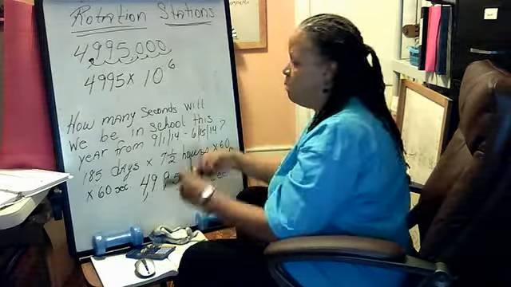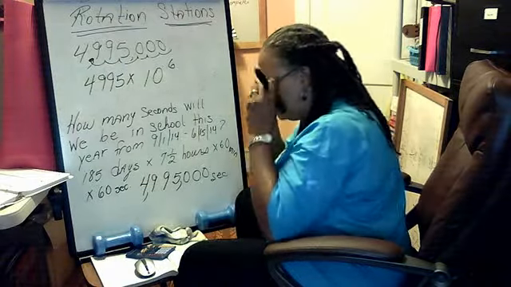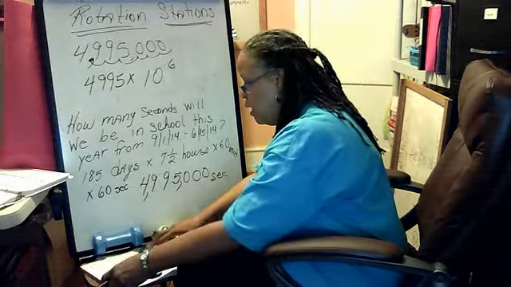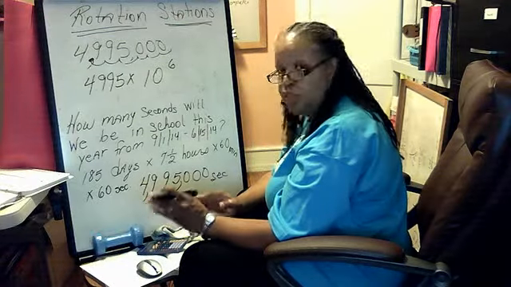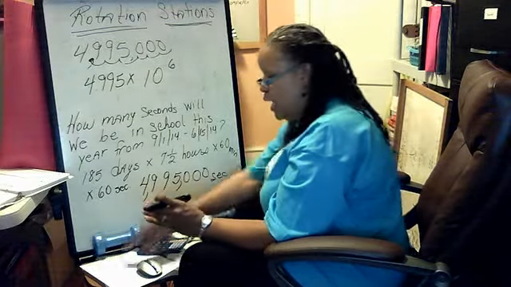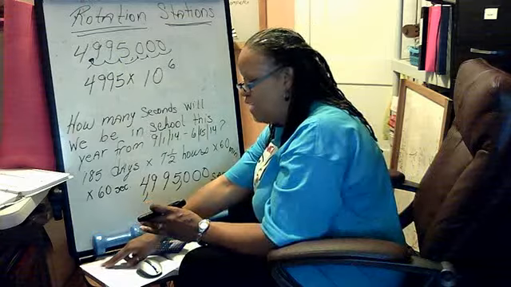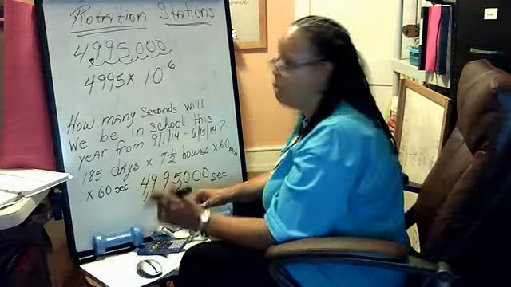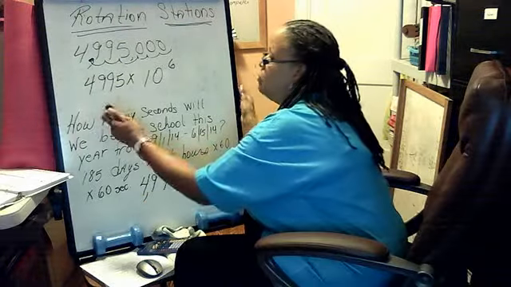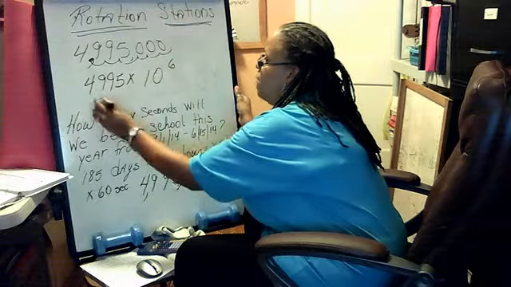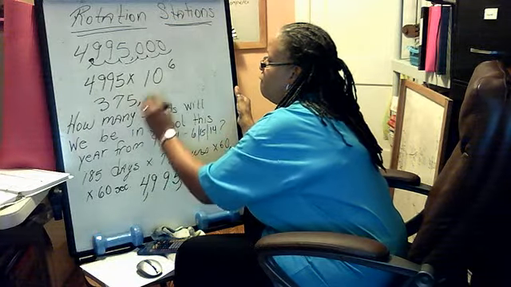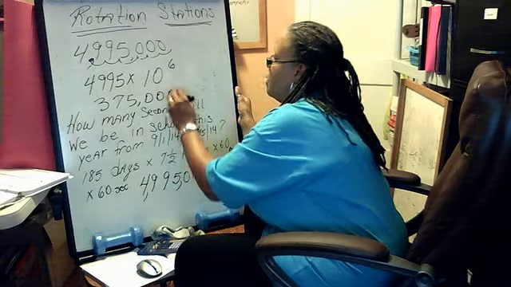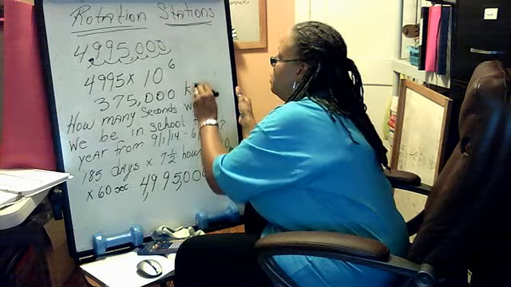Okay, here's the problem. It says the distance from the surface of the earth to the surface of the moon is actually 375,000 kilometers. That's 375,000 kilometers.